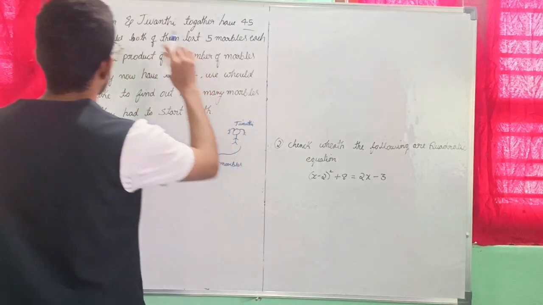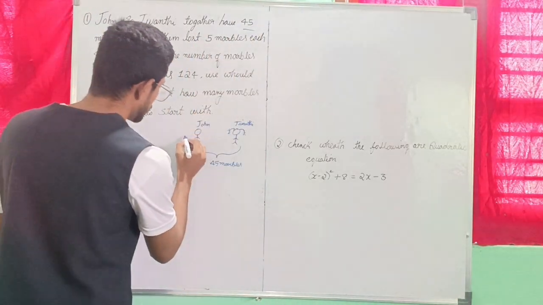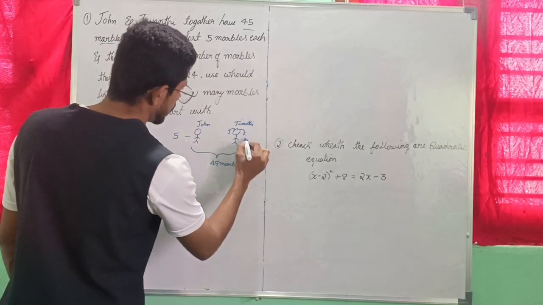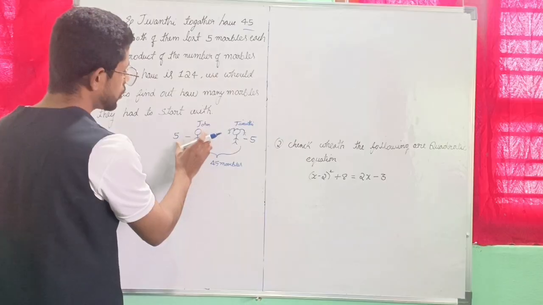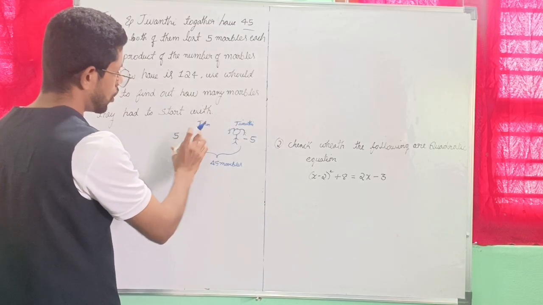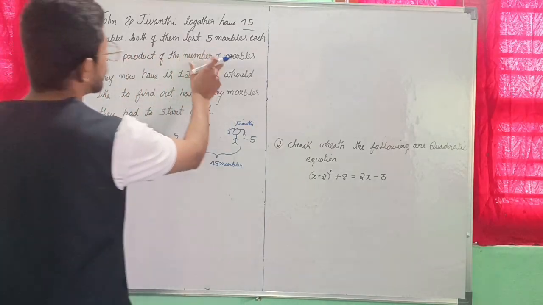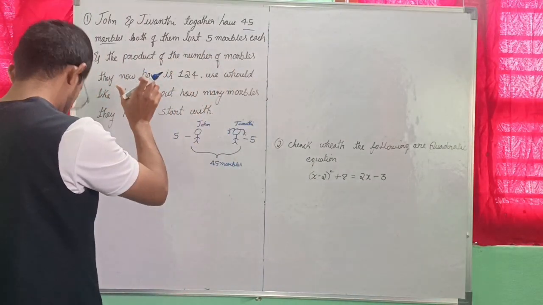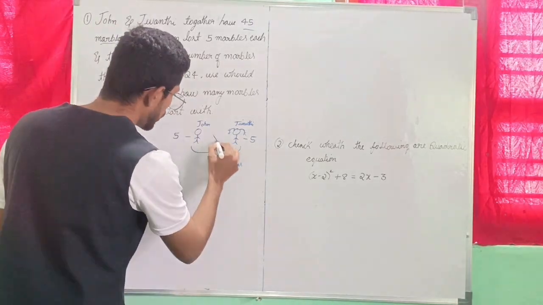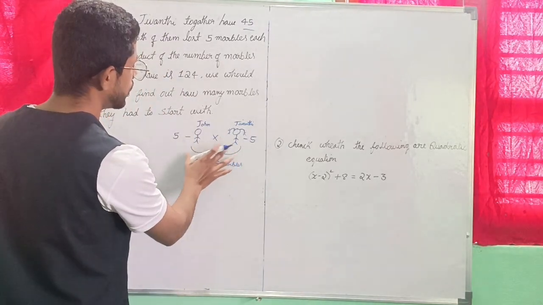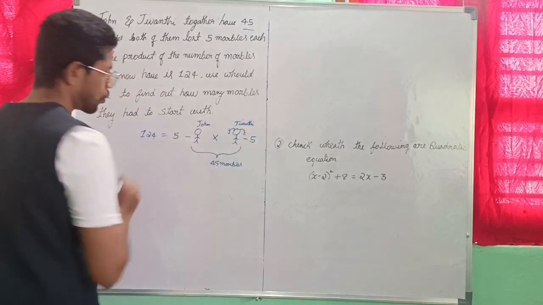Both of them lost 5 marbles, that is minus 5. Each person lost 5 marbles, and the product of the number of marbles they now have is 124, which we can write here.